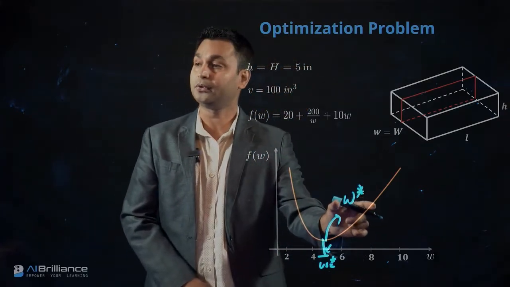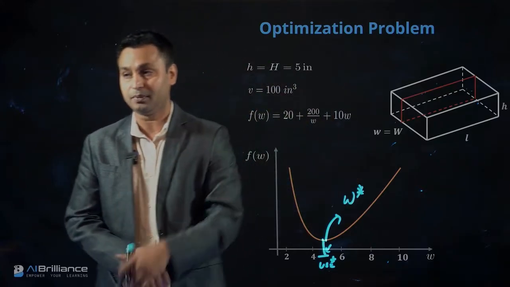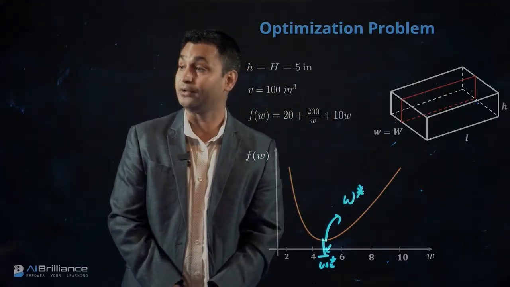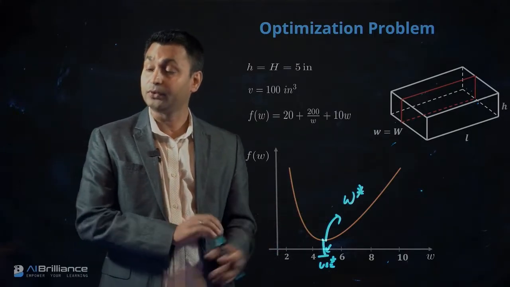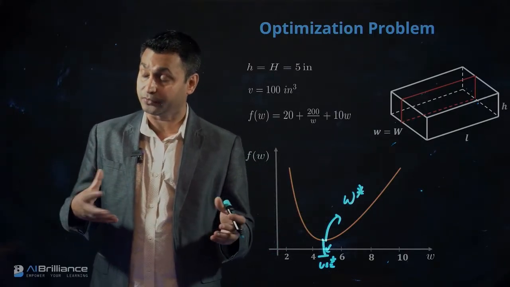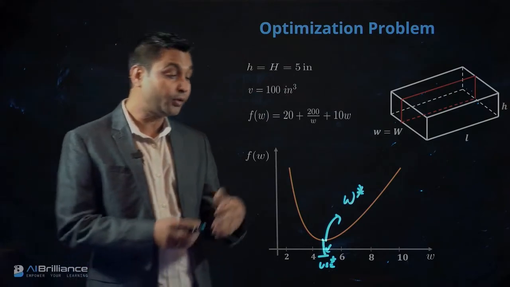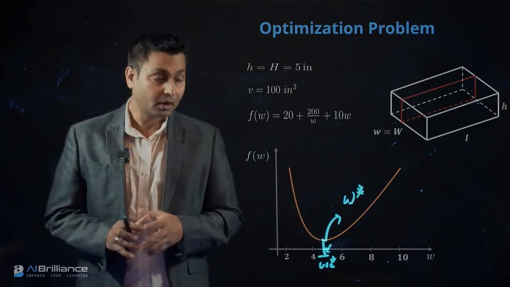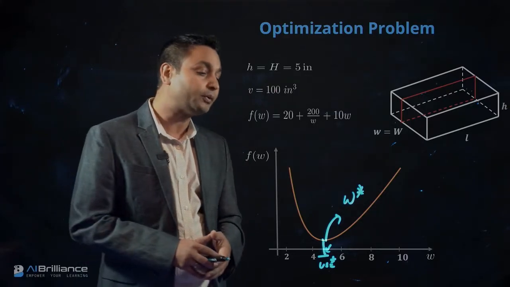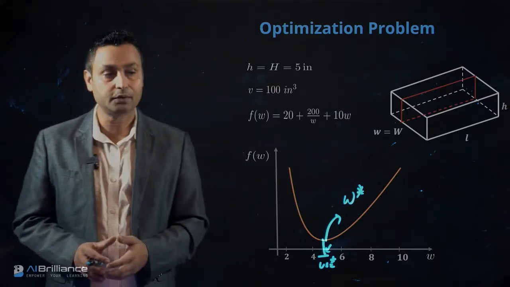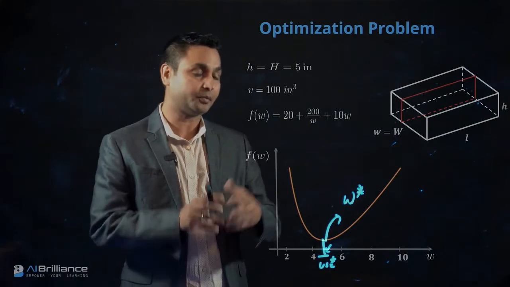Then, once I find that, I can use my previous equations and find the values of L and also the overall tray. So this approach, where I solve the problem in a graphical way, is known as the graphical approach. In a couple of classes from now and a couple of classes after this, we will be covering some of the graphical approaches, and they are very useful for understanding a lot of optimization concepts.